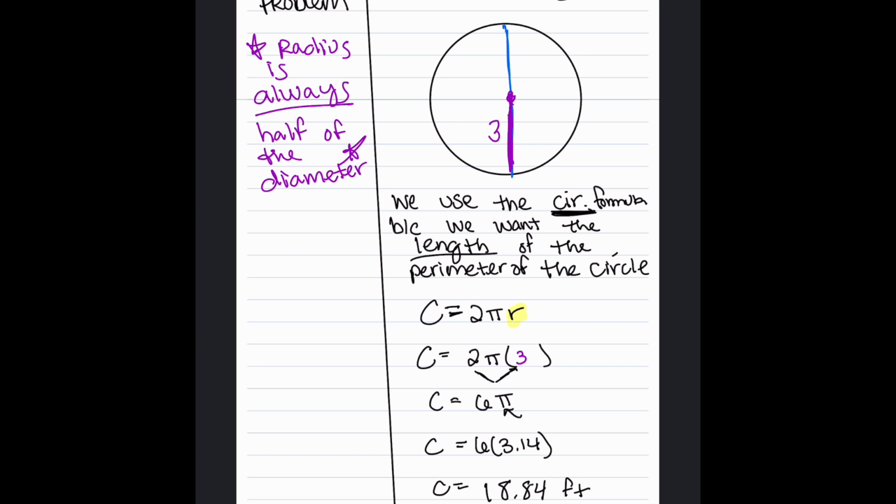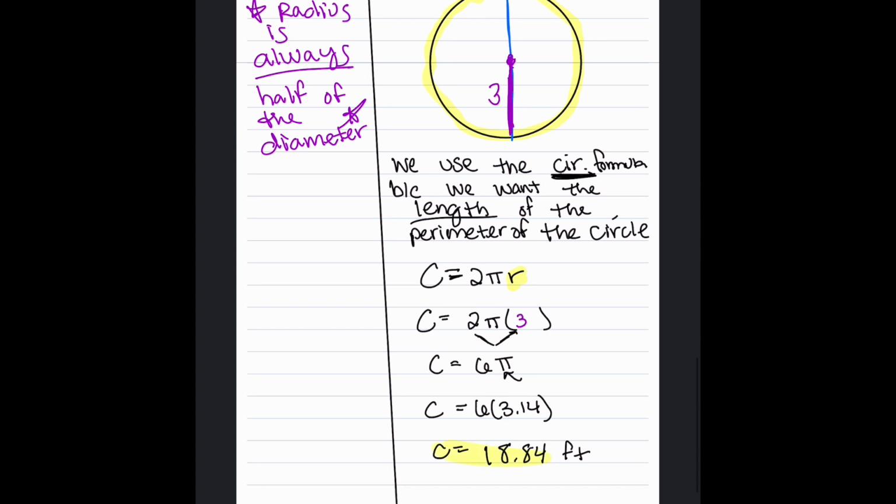This problem says determine how long the outside of the jacuzzi is. So how long is this circle essentially? We just determined that that circle is about 18.84 feet, or about 19 feet long. Now it doesn't look 19 feet long because it's a circle, but if we were to open it up and stretch it out, it would be about an 18.84 foot line.